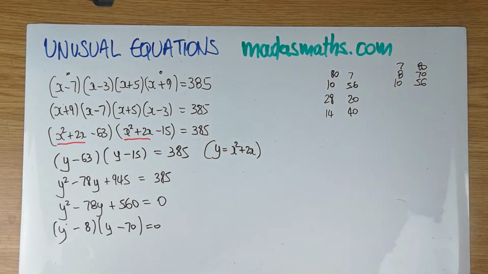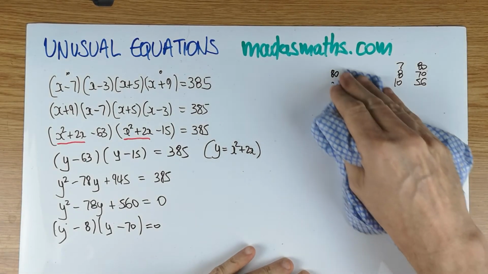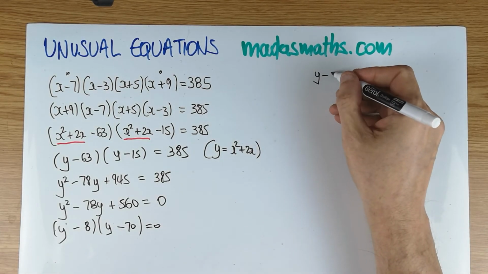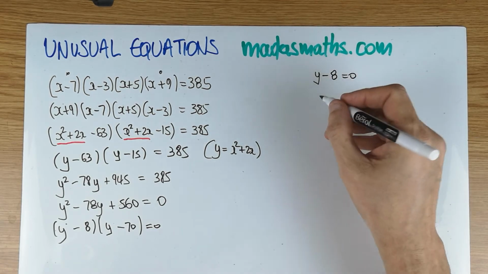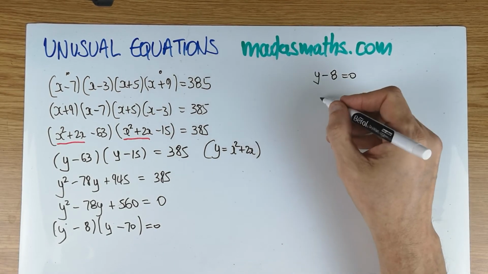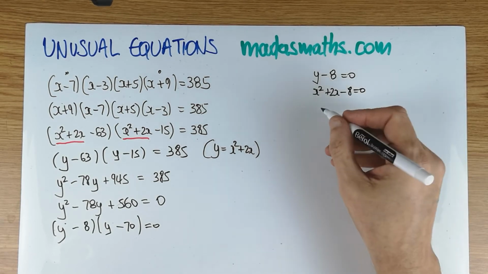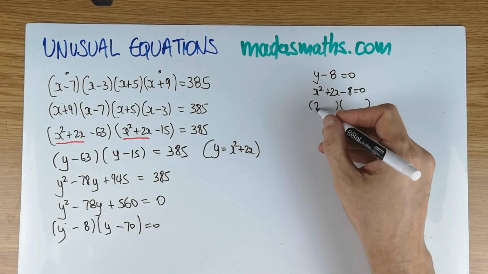And we can finish the question because, of course, now we have just two separate quadratics to solve. So the first quadratic is y minus 8 must be equal to 0. So that means y is x squared plus 2x minus 8 is equal to 0. This will factorize nicely in x.